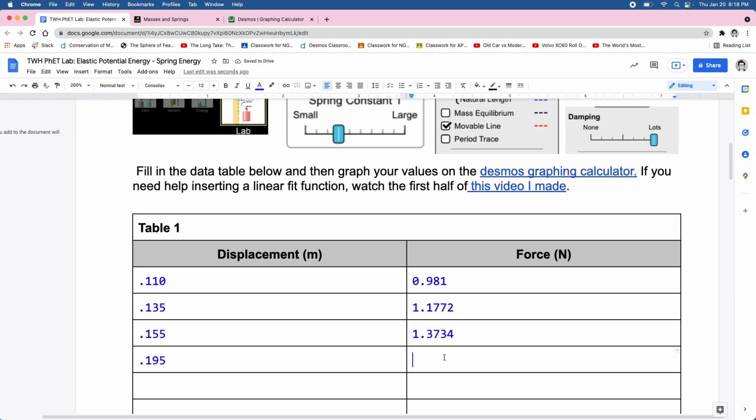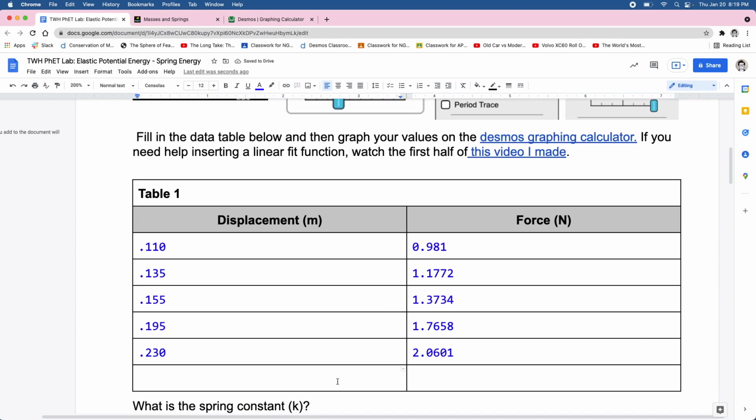And I'm just going to fill in the rest here because I've done this. 0.195 meters when I hang 180 grams, or when I exert a force of 1.7658 newtons. And when I hang 210 grams, I get a displacement of 0.230 meters. That resulting force acting on the spring is 2.0601 newtons.